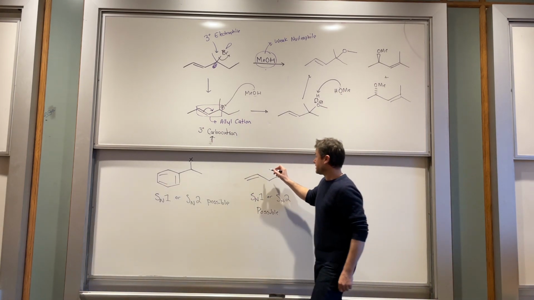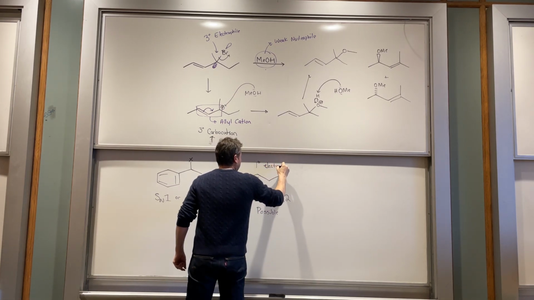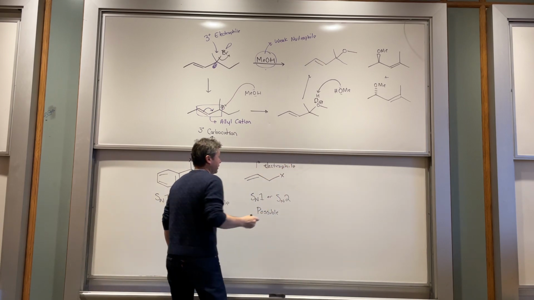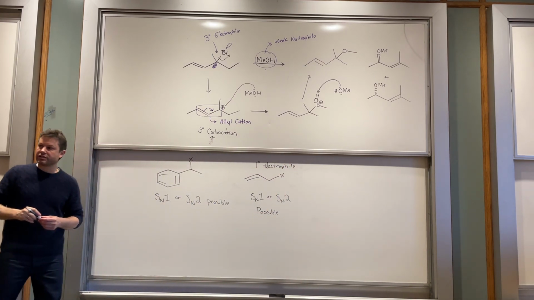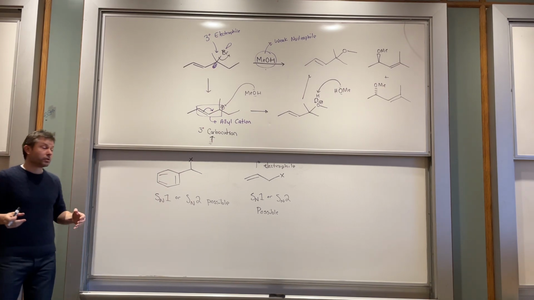So this is technically a primary electrophile, right? And we said that primary carbocations don't form, right? Primary electrophiles don't undergo SN1 chemistry, and that's typically true, right?